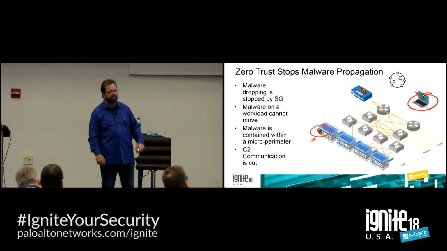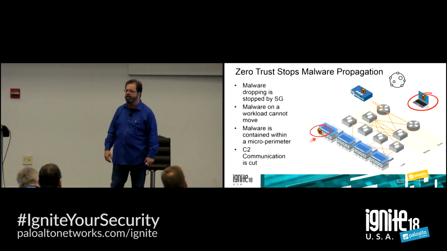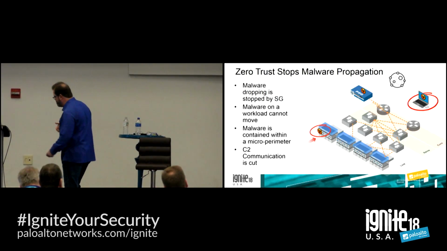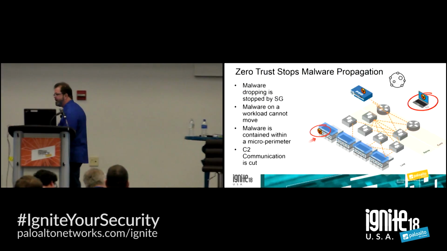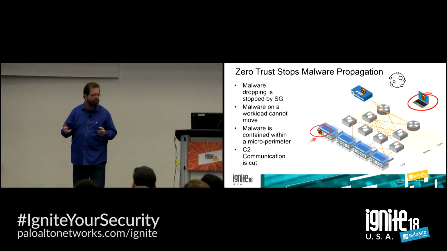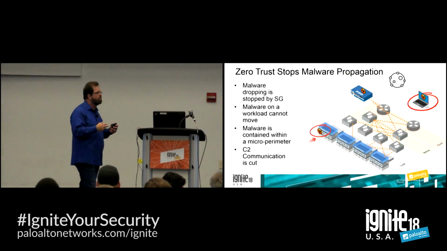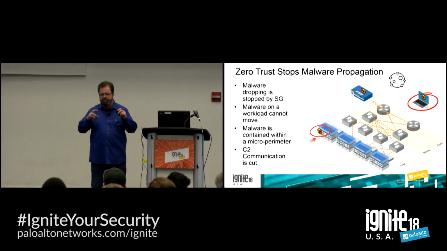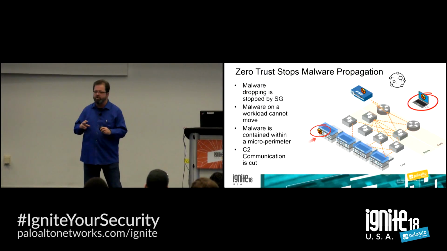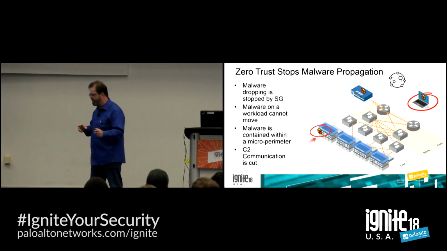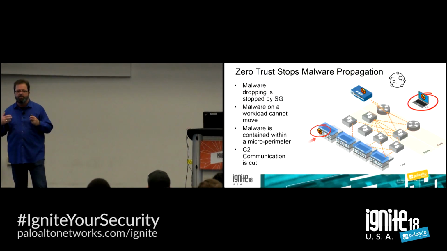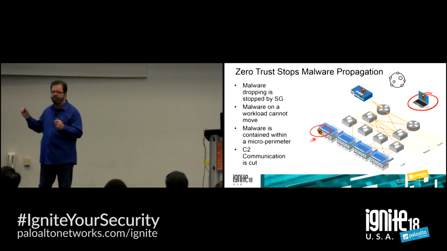And then we also cut the C2 communication, right? You see a lot of things where there's malware in the system, we're worried about that, but no one is looking for the command and control. And that is a flaw. We have to look for the command and control. So it is this idea of lateral movement and east-west traffic that we talk about, and it has meaning in an analog manner, but it's not really how everything works.